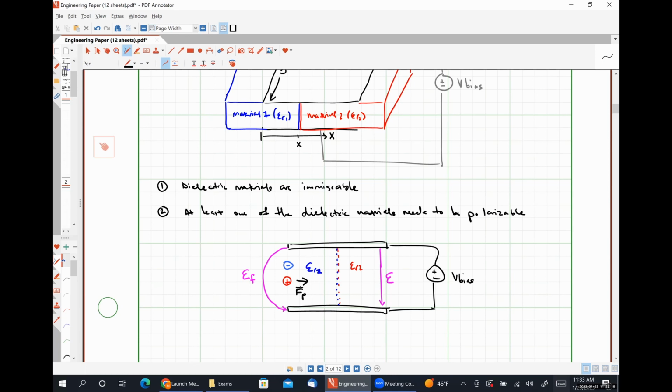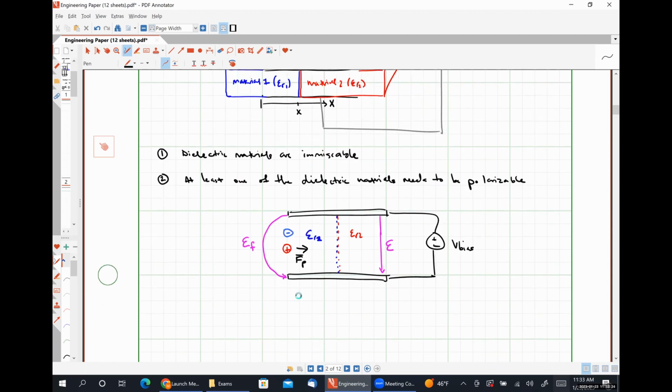So this force Fp is a polarization force density, where Fp is the polarization vector P multiplied by the gradient of our electric field vector. Okay. So I believe another way to think about this is effectively the concept of electrophoretic pumping.